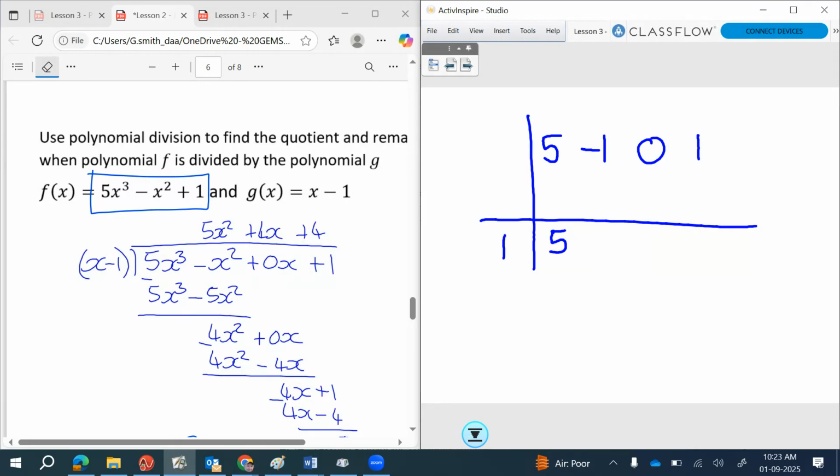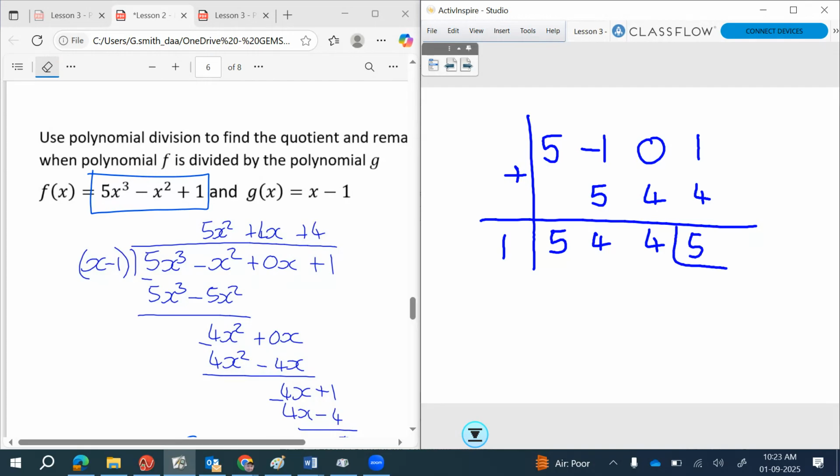Next, 1 times 5 is 5. Then minus 1 plus 5 is 4. Then 1 times 4 is 4, and we add these: 4 plus 1 gives 5, which is the remainder 5.